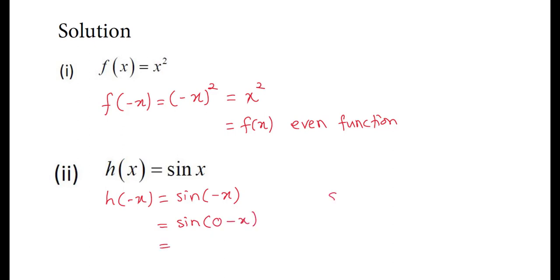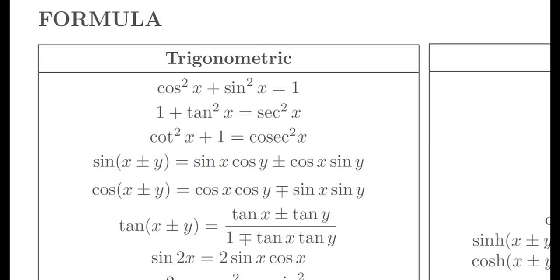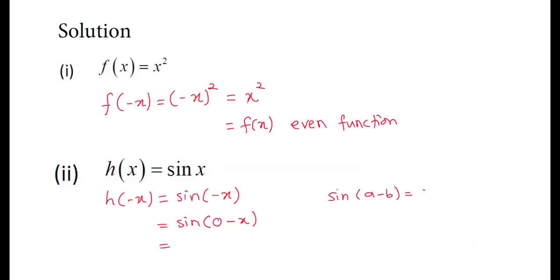And then what is the property for sine of (a minus b)? You can look at the formula given to you. So sine(x minus y) equals sine x cos y minus cos x sine y. So you will get sine A cos B minus cos A sine B.